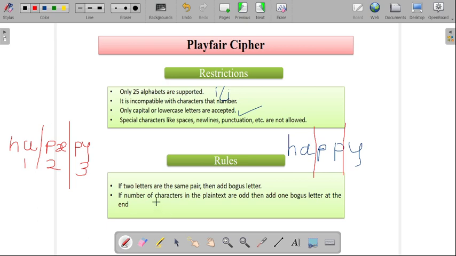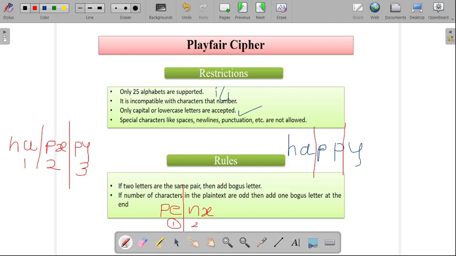The second rule is that if the number of characters in the plaintext is odd, then add one bogus character at the end. Consider that our plaintext is PAIN. According to the rule, we take groups of two characters in one block. So first PA is in one block, and N is the single character remaining in the last block. That's why we have to add one bogus character at the end.